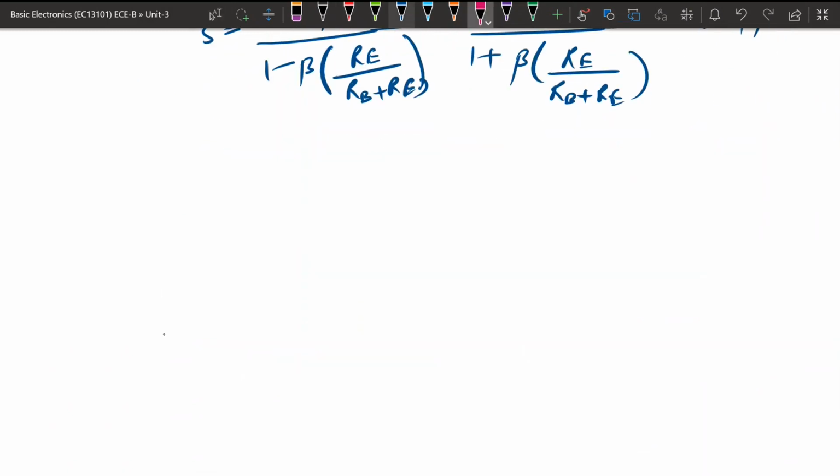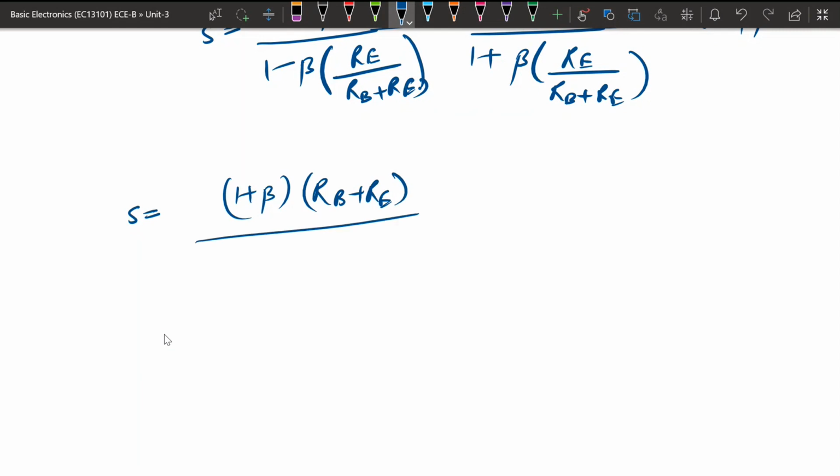And how will S be depending on this? Now we will make the separation: 1 plus beta times Re, and Re will be separated, so it will be 1 plus beta times Rb plus Re, like in the previous one we can get Rb plus 1 plus beta Re.